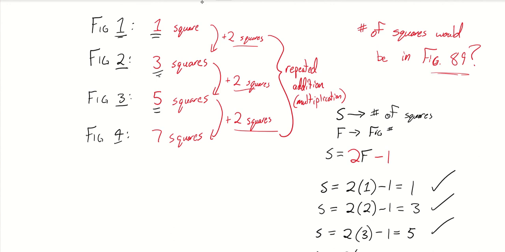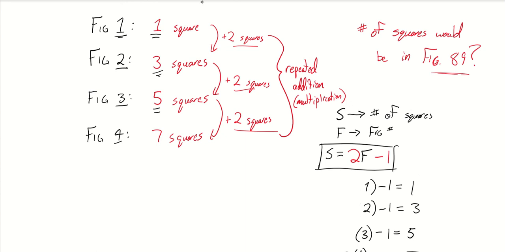Well, for figure number 4, we just plug 4 into f, and then we do the arithmetic. 2 times 4 is 8, minus 1 is 7, and that's good. So it looks like this equation is actually an equation that works. So this equation works for predicting how many squares will be in whatever figure number we plug in.